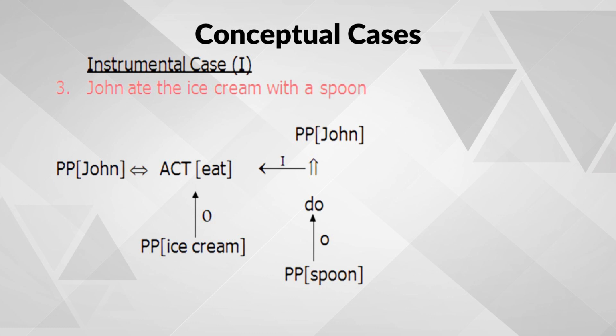The ice cream is accusative case, the direct object of the action. And spoon is instrumental case, indicating the instrument used to perform the action of eating the ice cream. In this case, the instrumental case highlights the tool or instrument, spoon, that John used to carry out the action of eating the ice cream.